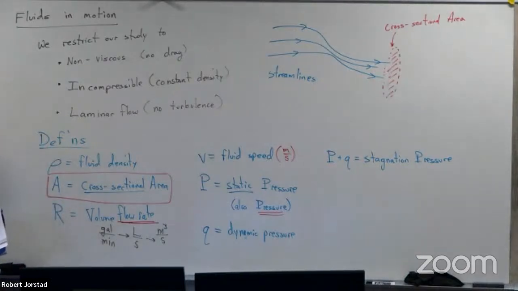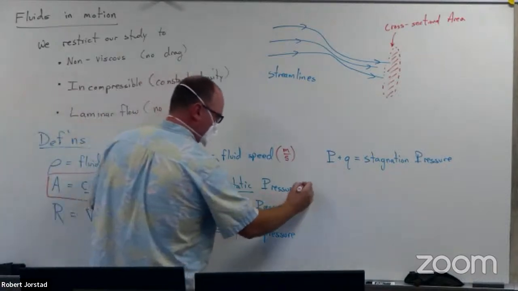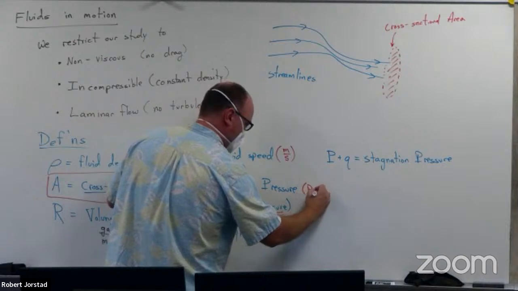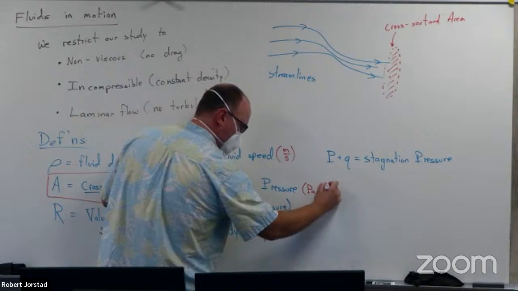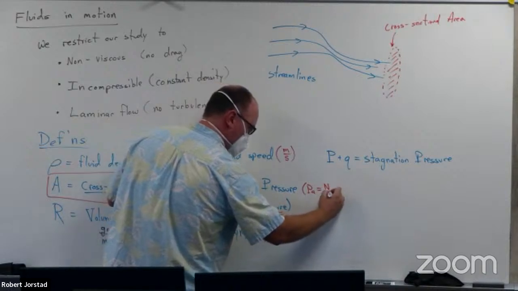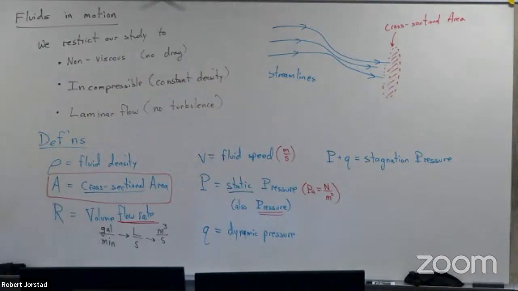Okay, what else? What are the units of pressure for a physicist? You remember? Pascals. And a Pascal is equal to what? A Newton over meter squared. Force per unit area.